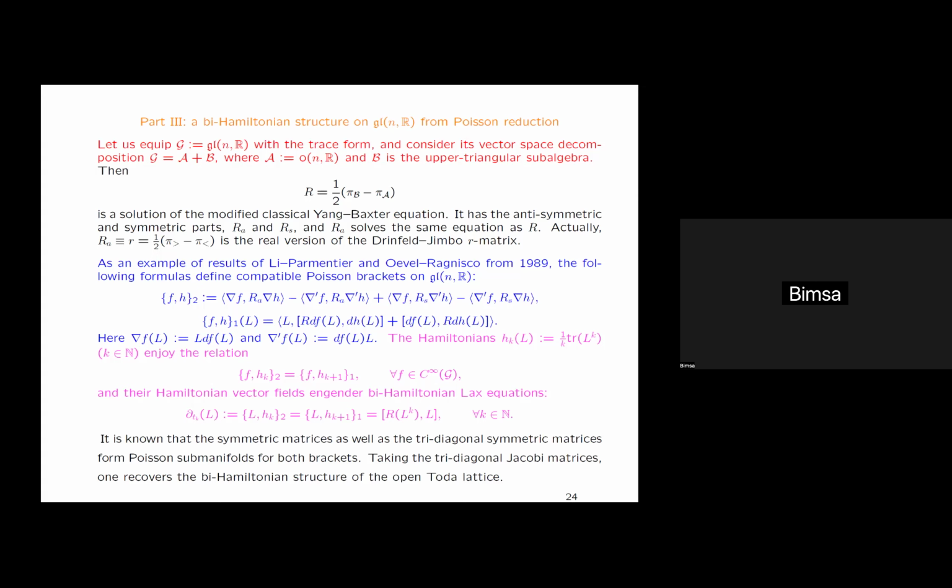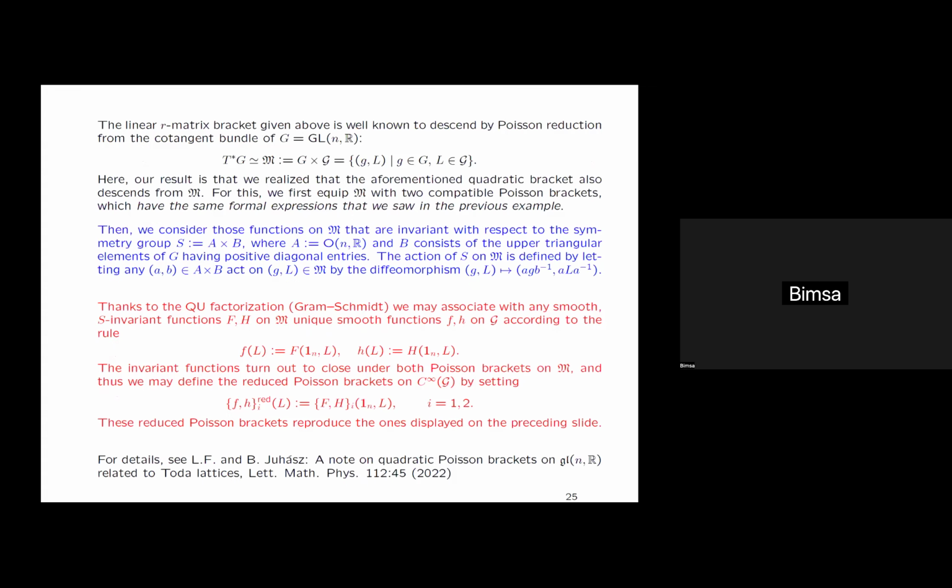So the new thing which I'm showing in the last page of my talk is how the quadratic bracket arises from the group theoretical method. Now you take the cotangent bundle of the GL(n,R) group, trivialize it in the usual manner, and we have the same formula. We have two compatible Poisson structures written in the same way. I did not write it, but the same in terms of the Drinfeld-Jimbo r-matrix.